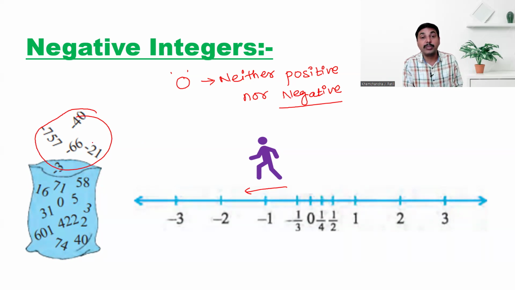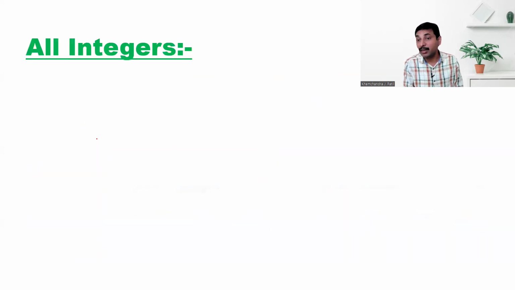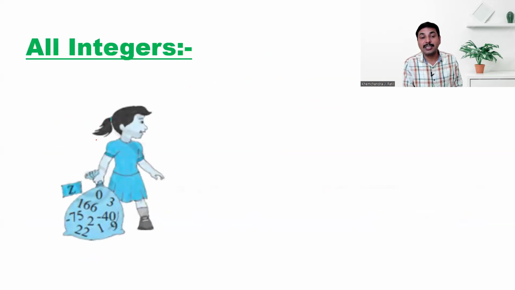So the resultant group is integers. All integers are denoted by Z.